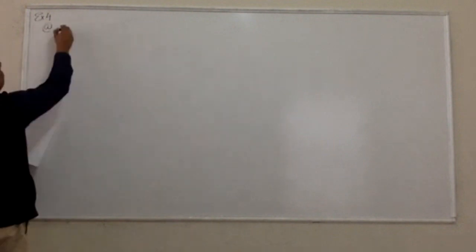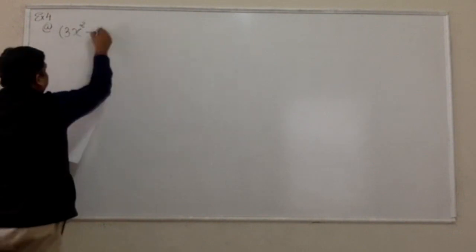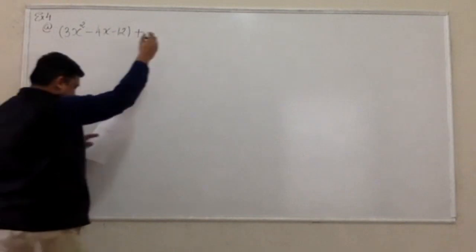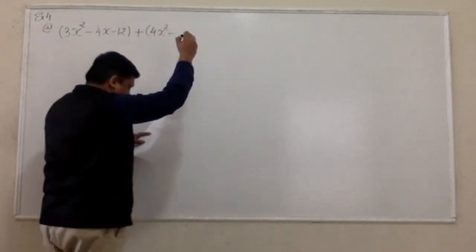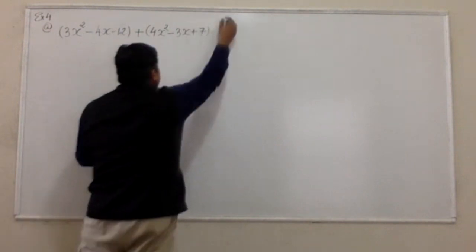The first one asks us to add two polynomials, 3x squared minus 4x minus 12 plus 4x squared minus 3x plus 7.